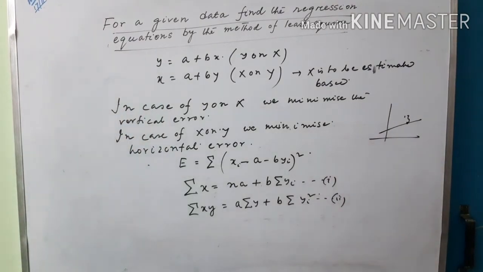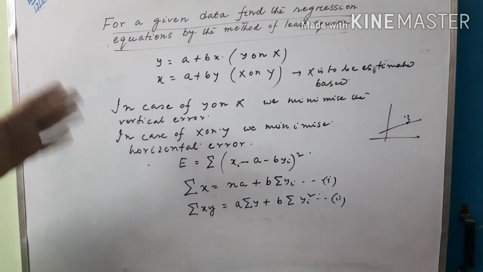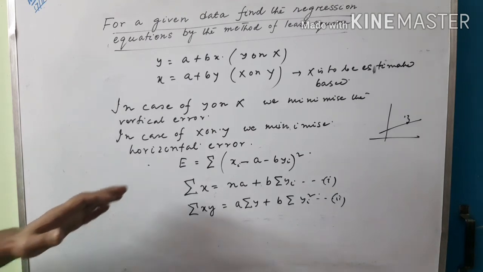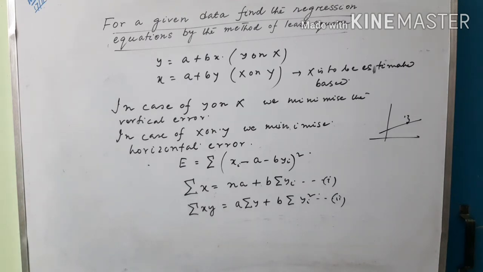So these two are the normal equations when we are going to find the second equation, which is of the form x equals a plus by. By solving these two normal equations, again we can find the values of a and b and put them in the original equation, which is our desired regression equation.